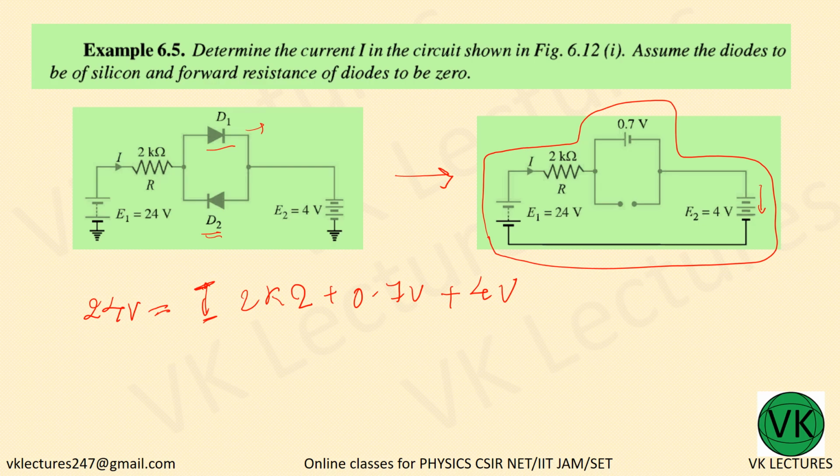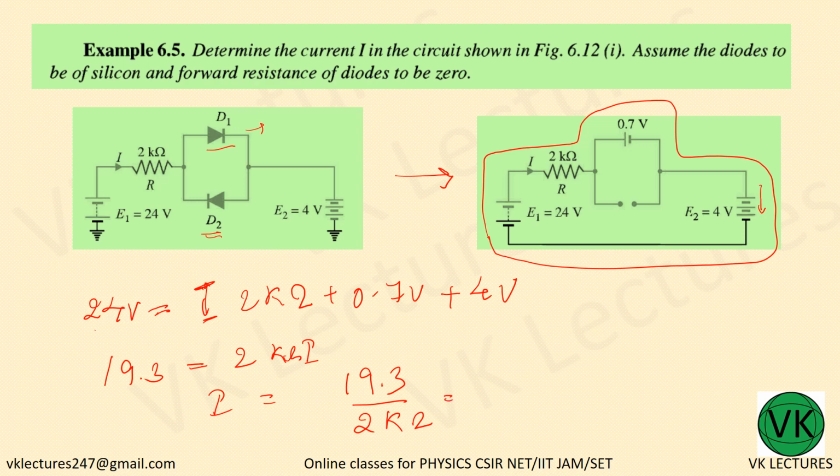So 24 minus 4 minus 0.7, so 19.3 is equal to 2 kilo ohm into I. Now I is equal to 19.3 by 2k ohm.